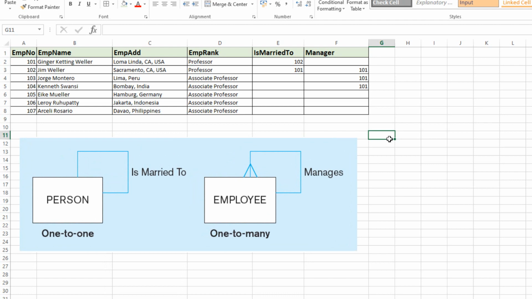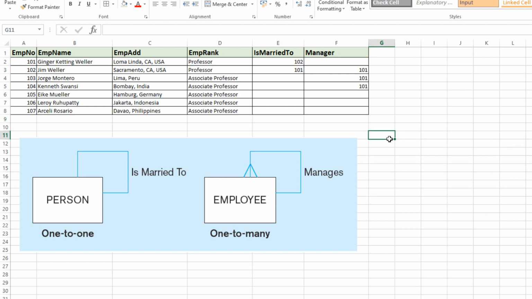Before I close, I want to quickly mention the one-to-many relationship that exists within the employees. That is the one-to-many lines. On one end, it is just a single line, and on the other end, it is a crow's feet that represents many. So, in this case, we can say that one employee may manage one or more employees.